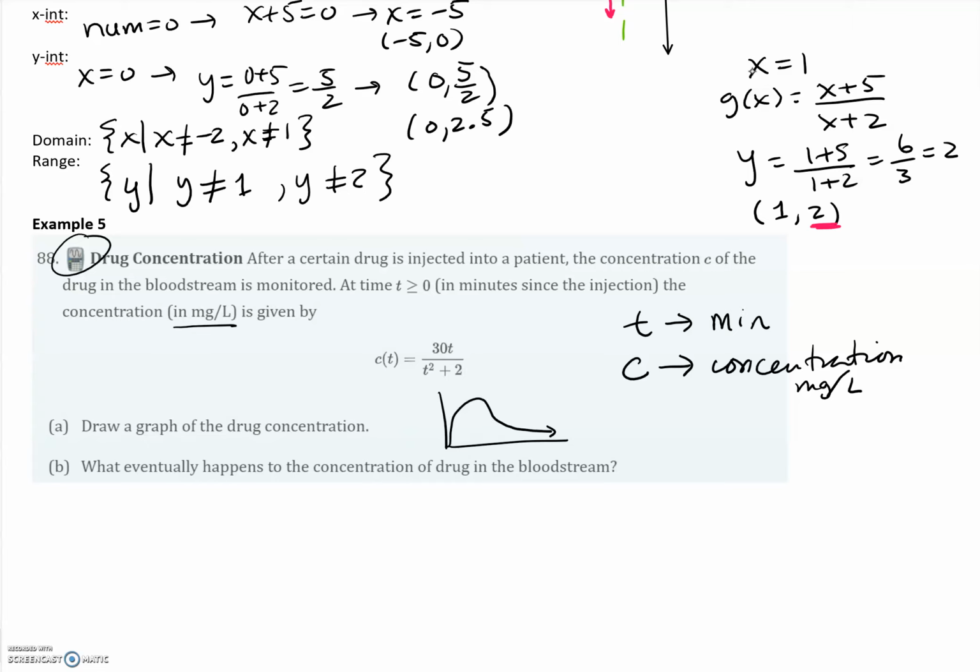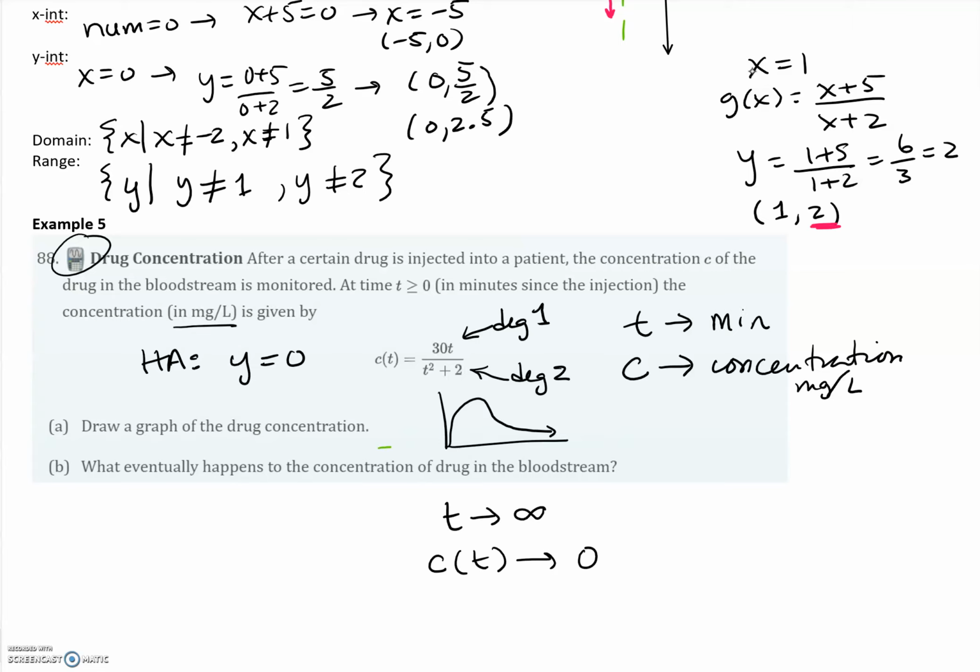And eventually, what happens to the concentration in the bloodstream, we'll say as t goes to infinity, C of t approaches 0 in this case. Because if you look at the degree of the numerator here, t to the 1, and the degree of the denominator is t squared, since the numerator degree is smaller than the denominator, our HA in this problem is y equals 0, therefore indicating that as I walk over to the right, the concentration approaches 0.